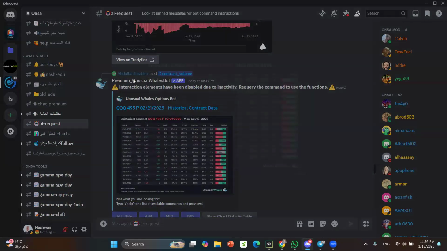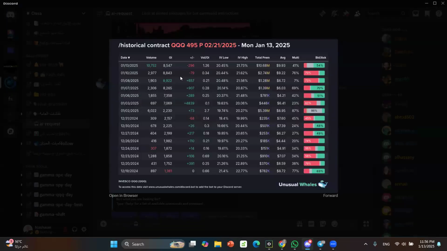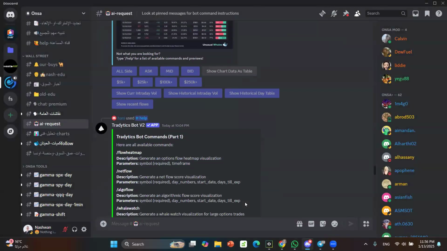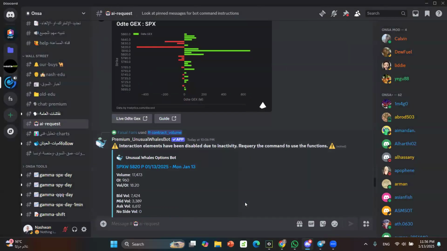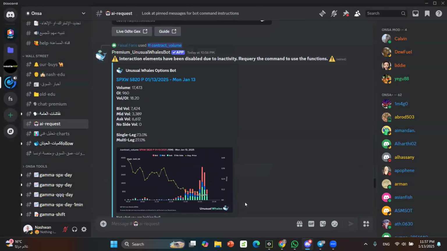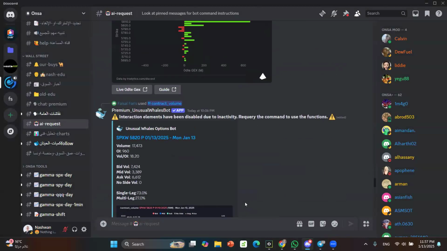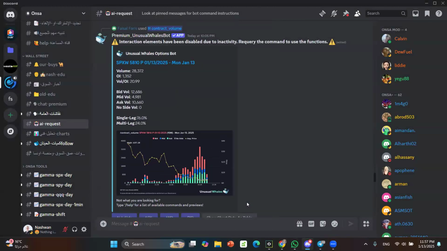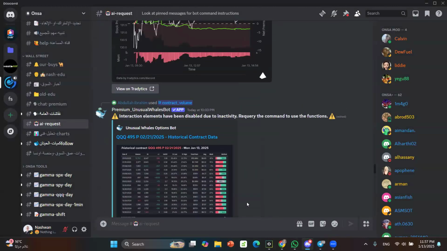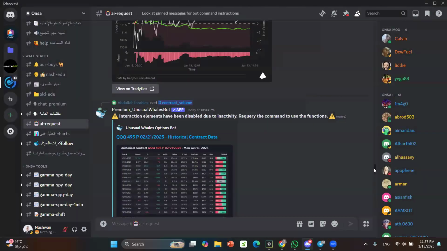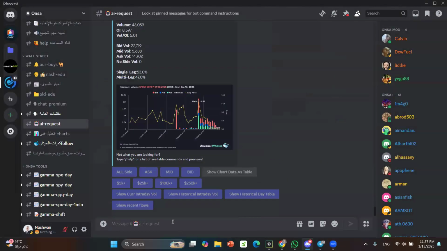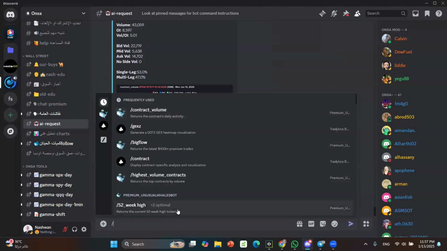Okay, you can see here, something is very, very useful when you are analyzing the SPX, for example. You have to understand that this order is very important. Let me give you the order to understand what I mean.